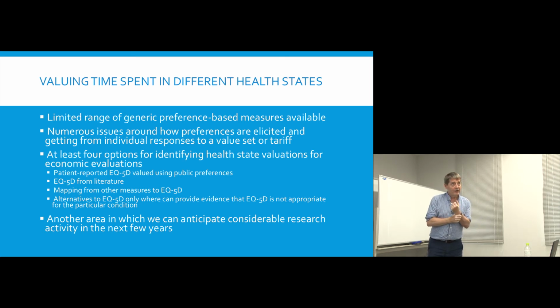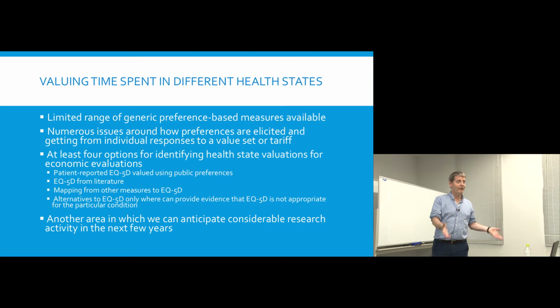The second issue is, having elicited preferences, we actually don't just want scores for a subset of health states, we want a full set of scores, a tariff or value set. We want a score for every health state. Now, that's quite difficult because if you think of EQ5D5L, there are 3,125 different health states.